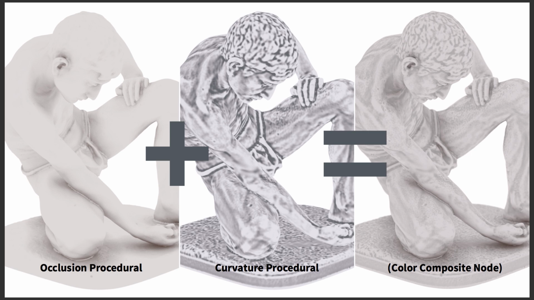So where there's negative or zero curvature, there's a little bit of discoloration here. Then taking both of those and combining them using a color composite node, and I think they were set to a blending mode of multiply, we were able to average these out and get them dialed into what you see here. And this was essentially used as the color of the final material.